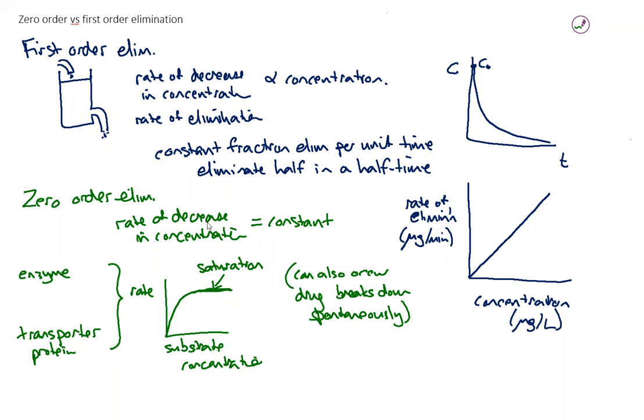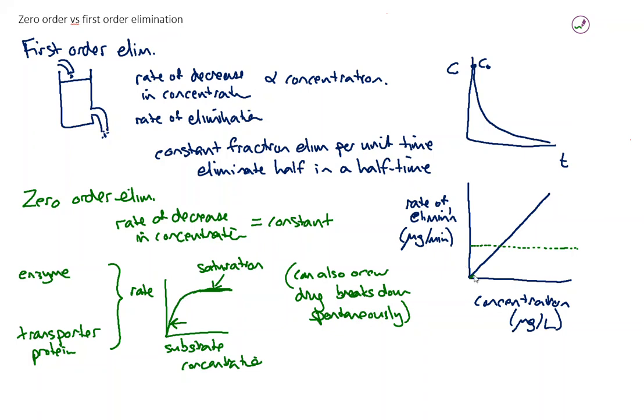We've just said the rate of decrease of concentration is a constant, that's the rate of elimination. So the rate of elimination is the same no matter what the concentration is. In practice, what happens is at low concentrations, we're down here on the Michaelis-Menten graph, so the rate can increase as the concentration increases.